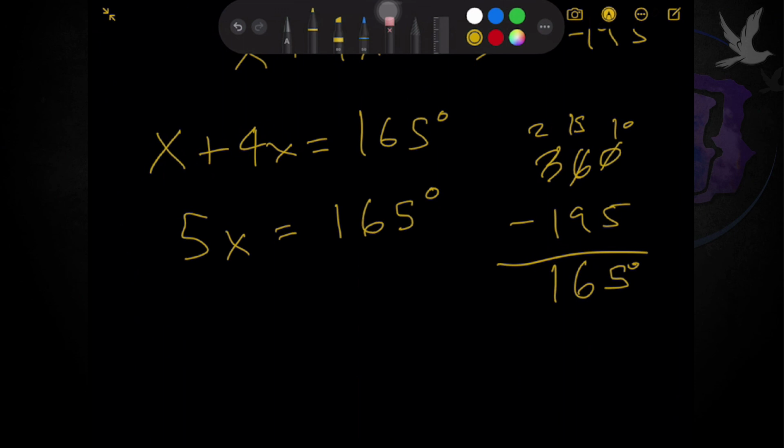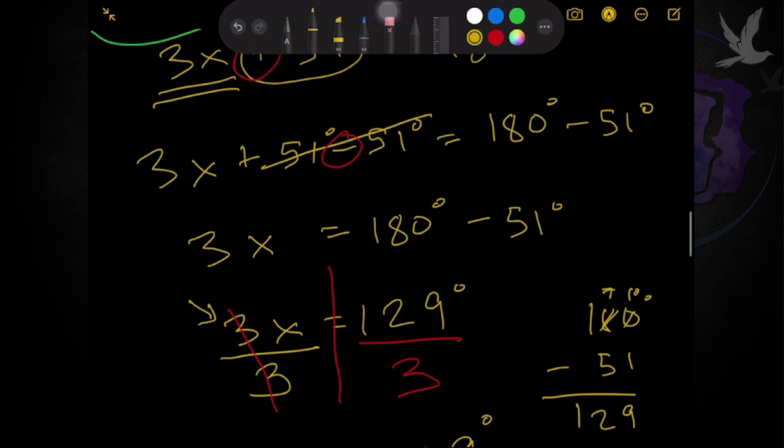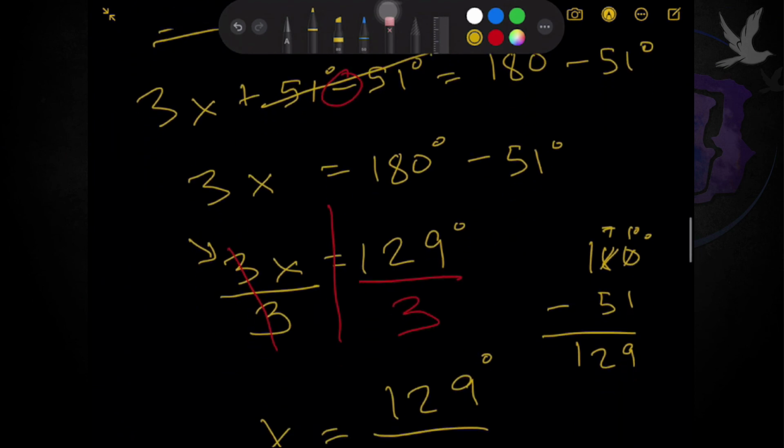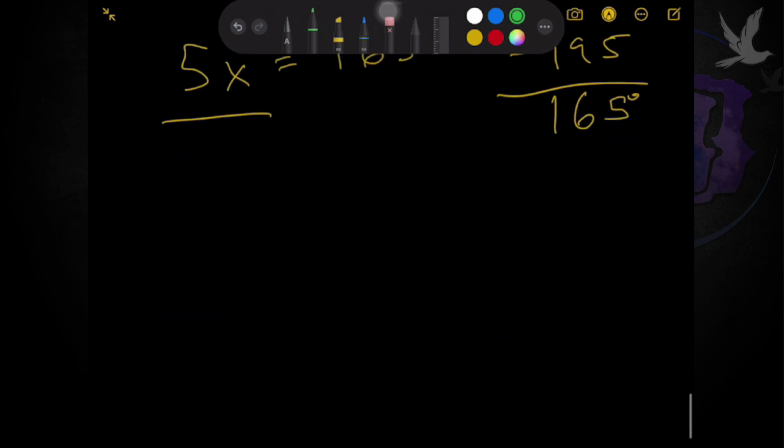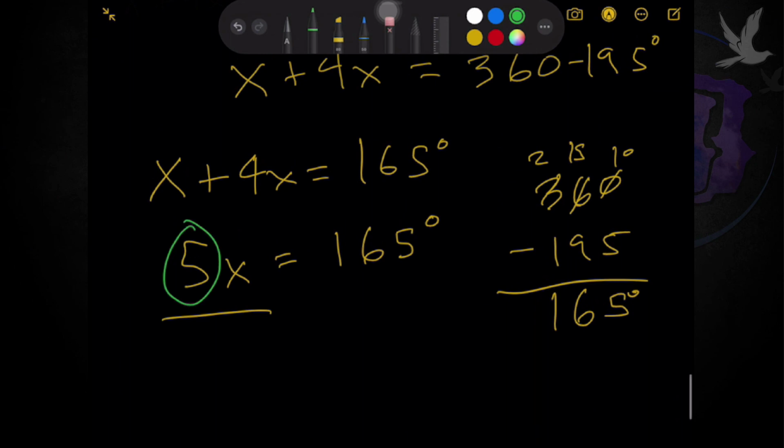And since 5x is 5 times x, which means you need to deal with the opposite of multiplication, which is division. Earlier, we divided it by 3 because the coefficient of x is 3. Ngayon, if you notice that our coefficient here is 5, which means we should divide this by 5 as well.